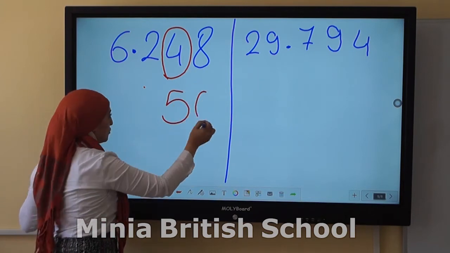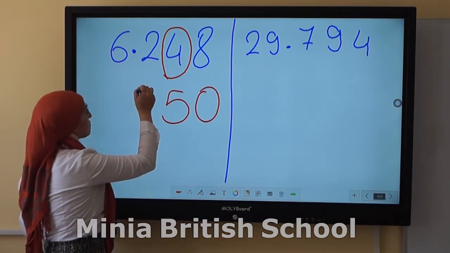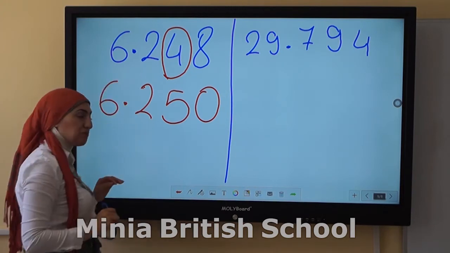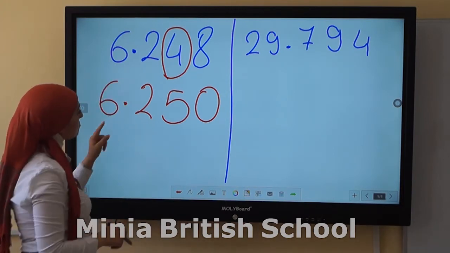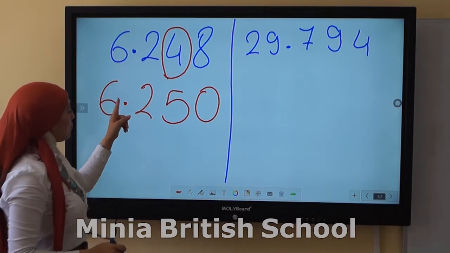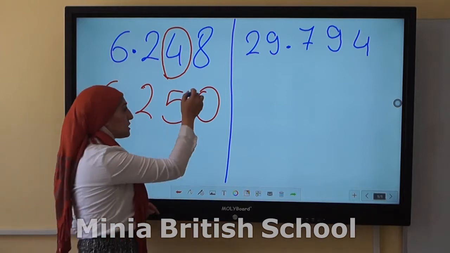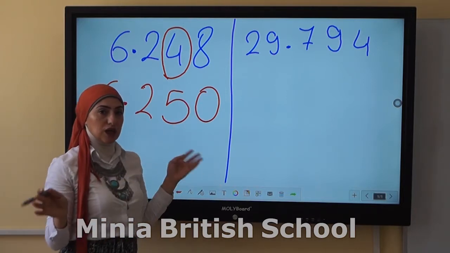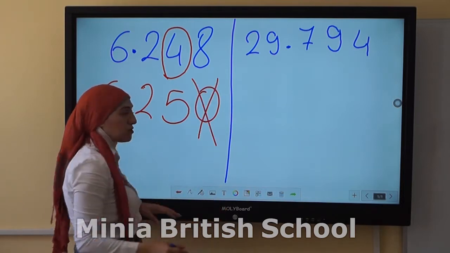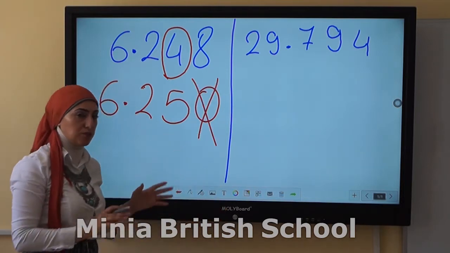And this will turn to be 0. So, here, 6.25. What about this 0? I don't need to write it. We can cancel it because it has no value in this number, right?